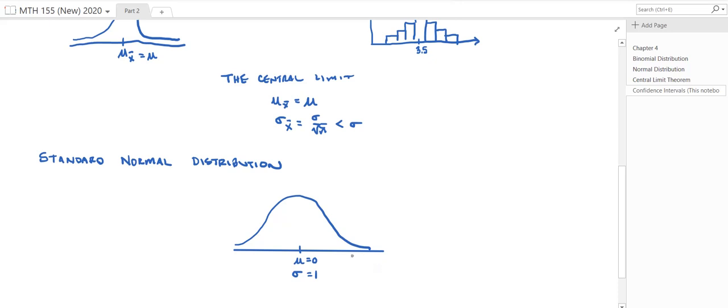So we get the standard normal curve, and we're interested then in figuring out what z is, because we can go to our z tables and figure out what the area is under this curve.